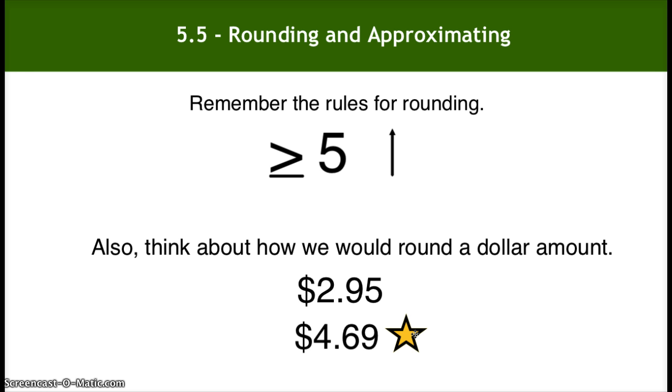We're going to think, what's it closer to? Is it closer to $4 or is it closer to $5? And if we're not sure, then we can use our rules. 6 is greater than 5, so I'm going to bump up the 4. It's closer to $5 than it is to $4.